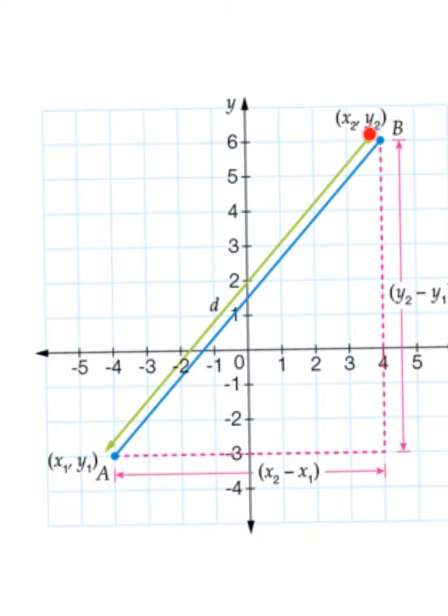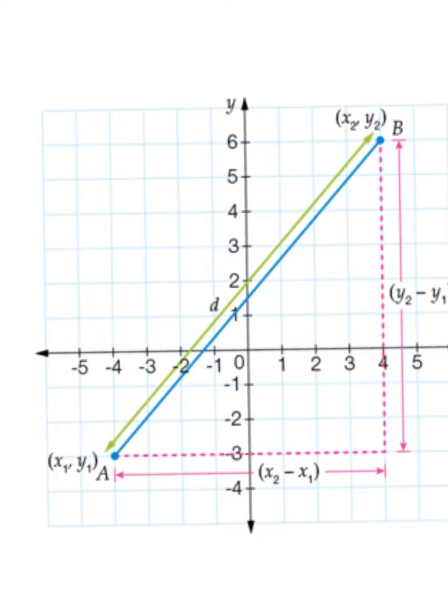We're actually looking at Pythagoras, because we're making a right-angled triangle, and D is your hypotenuse.